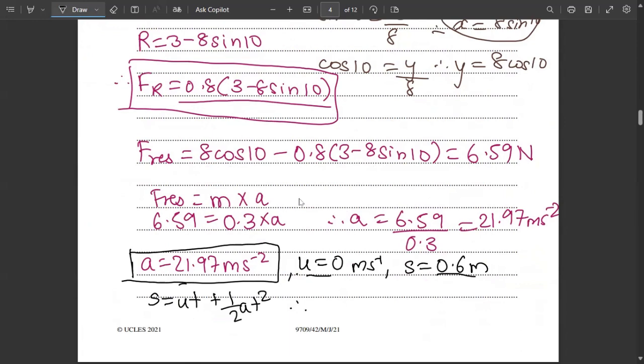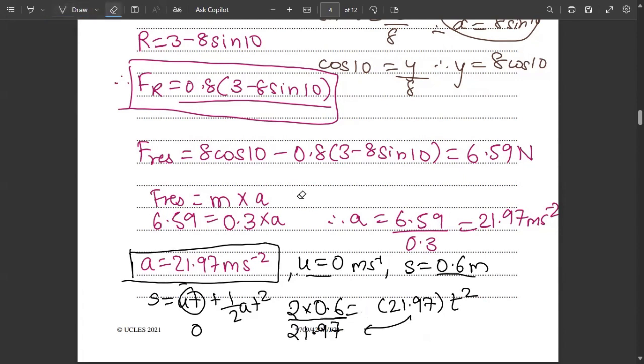Therefore, S is 0.6, u is 0, so this entire thing will become 0, plus half acceleration is 21.97 and t square. So this will go up, this will become 2 into 0.6. This will go down, this will become upon 21.97. And what is left is t square.